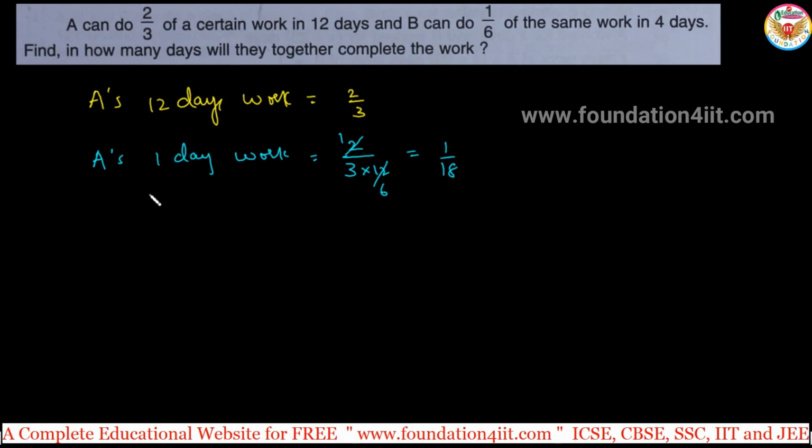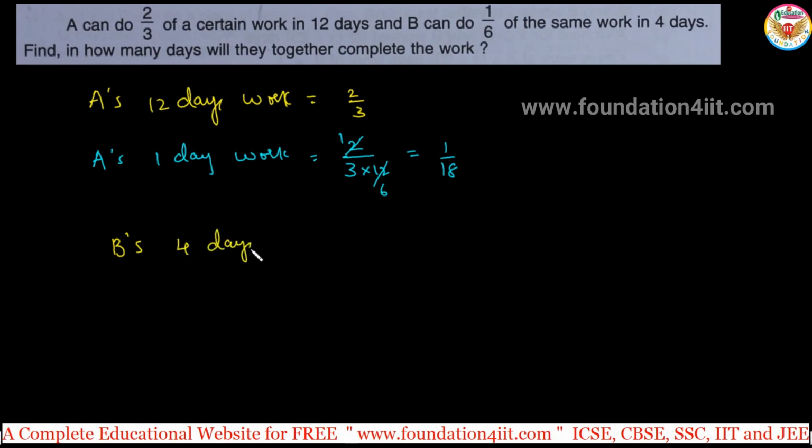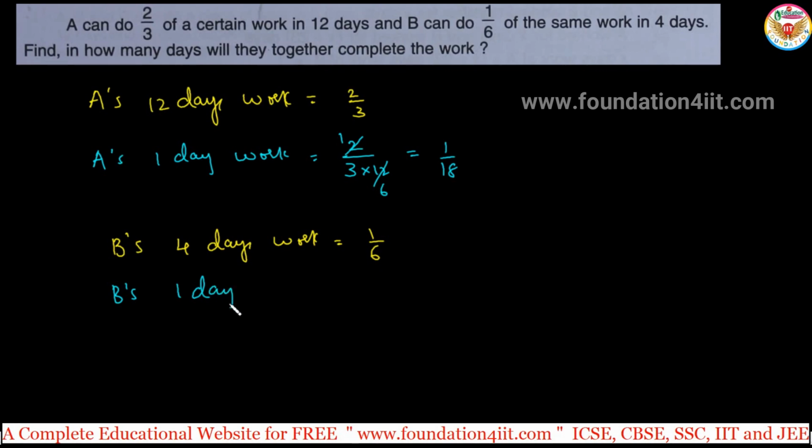Same way for B. It is given that B can do 1 by 6 of the same work in 4 days. So B's 4 days work is equal to 1 by 6. Therefore B's 1 day work is 1 by 6 divided by 4.